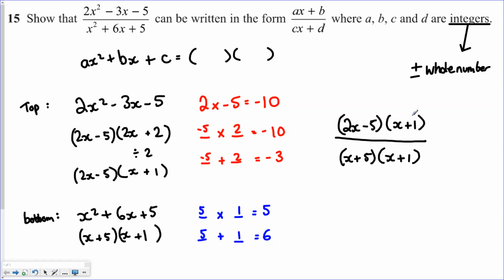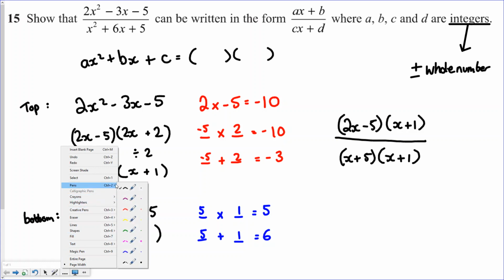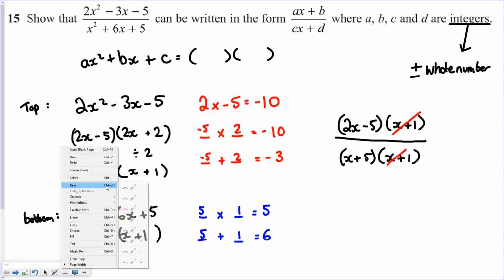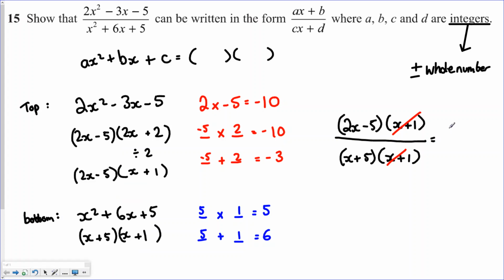Now we were hoping that there would be a common factor in the numerator and denominator, and yes, you've spotted it, x plus 1. We can cancel the x plus 1 with the x plus 1, and we are going to be left with 2x minus 5 over x plus 5.